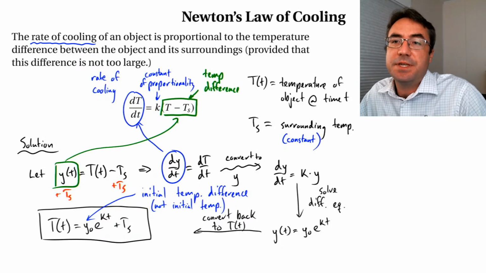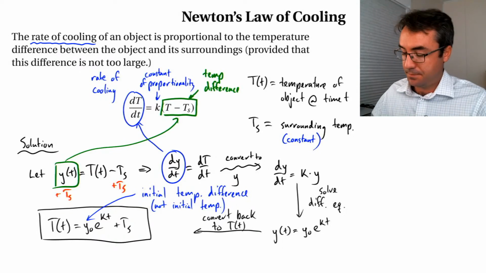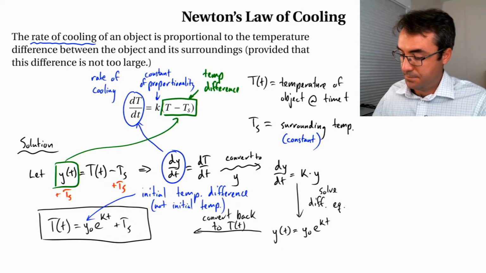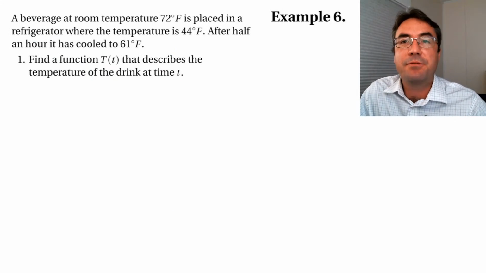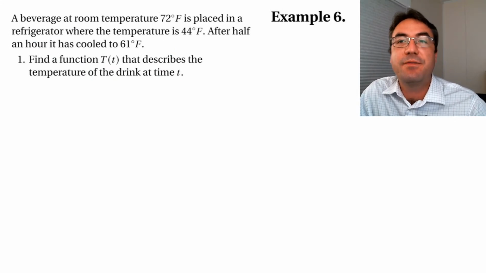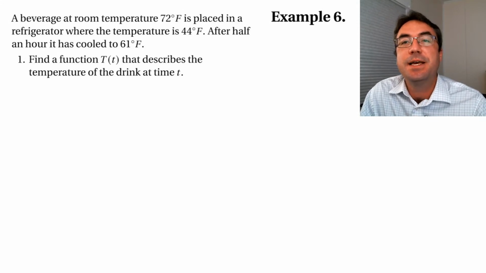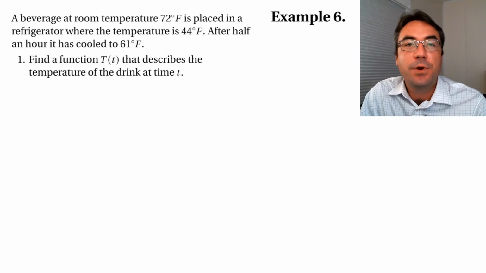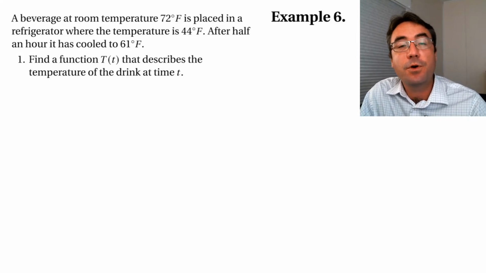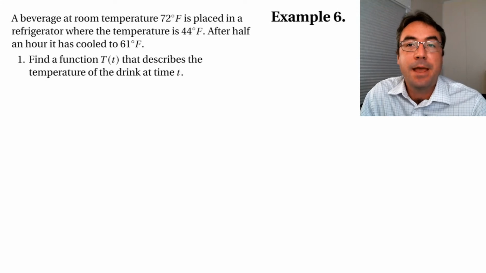So let's use this in an example. Let's say we have a beverage that's at room temperature, 72 degrees Fahrenheit, and we place this in a refrigerator where the air temperature is 44 degrees Fahrenheit.